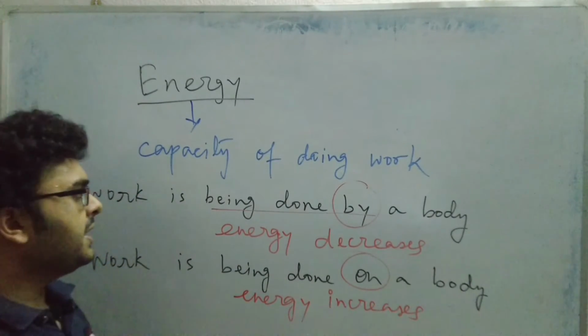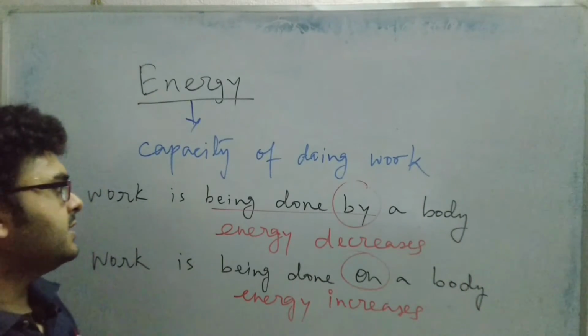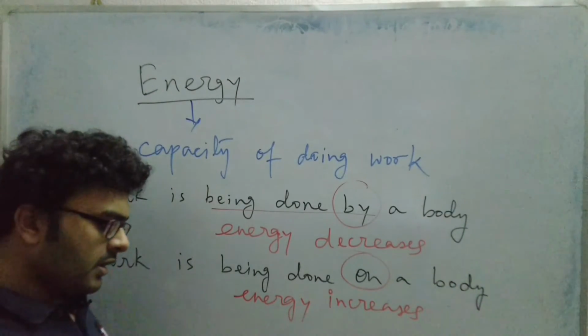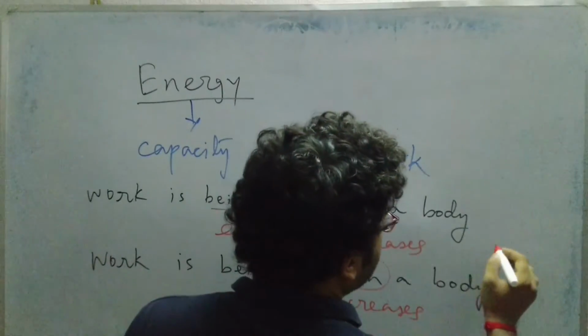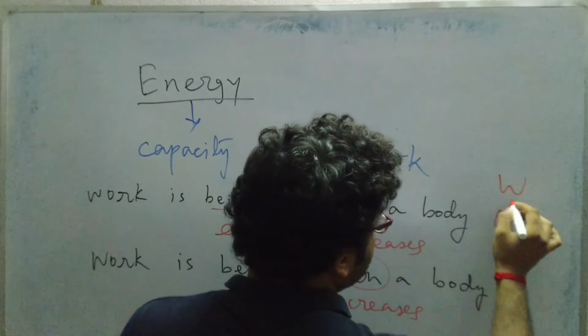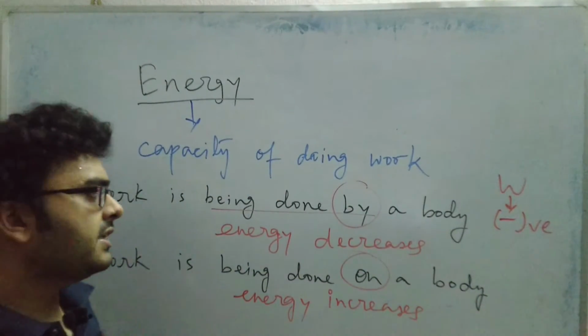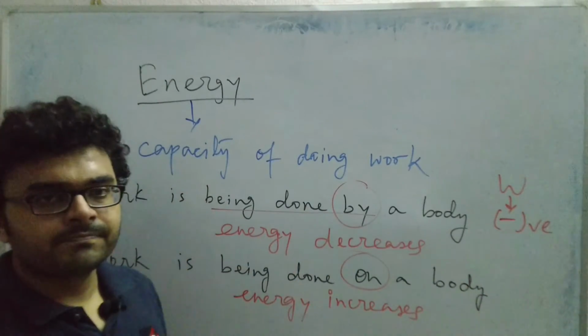Okay, before going to the SI unit, remember another thing. When work is being done by a body, that work is being considered as negative. Why is this work considered negative? Because the energy decreases.